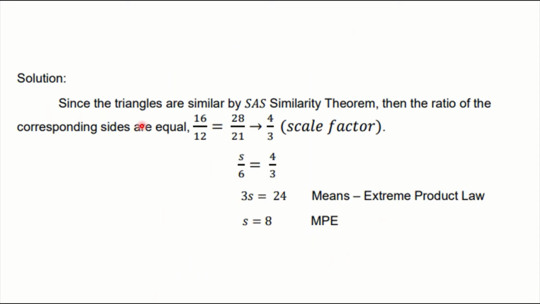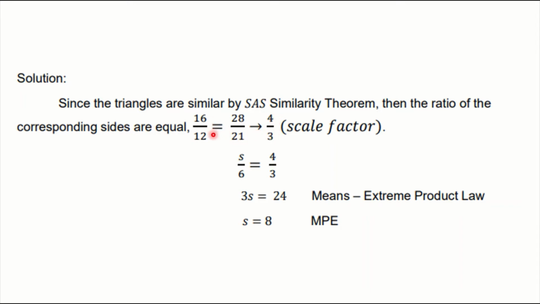So, the solution here is, since the triangles are similar by SAS similarity theorem, then the ratio of the corresponding sides are equal. So, 16 over 12 is equal to 28 over 21, having a scale factor of 4 over 3.